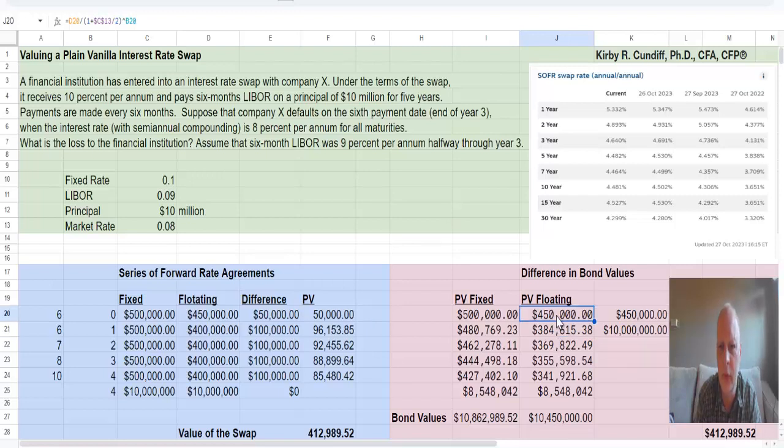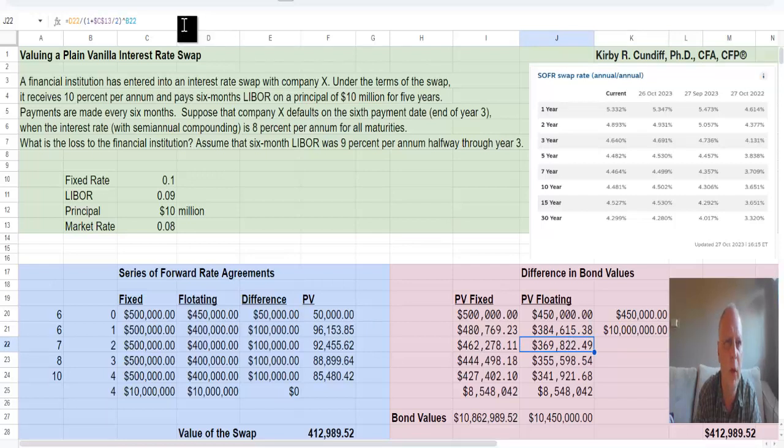So the payment just defaulted on here was the $450,000, and then the present value of the next payment here of $400,000 is D21, this payment, divided by 1 plus 4% to the first power, and that gives you over here $384,615. Next payment doing the same way.